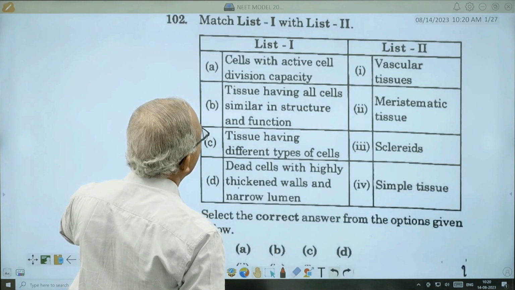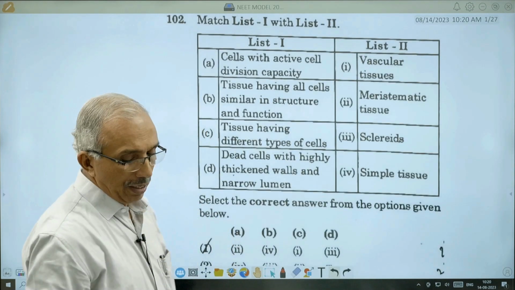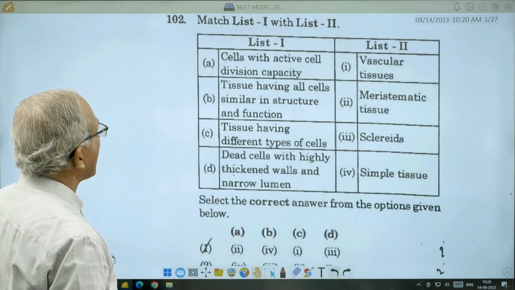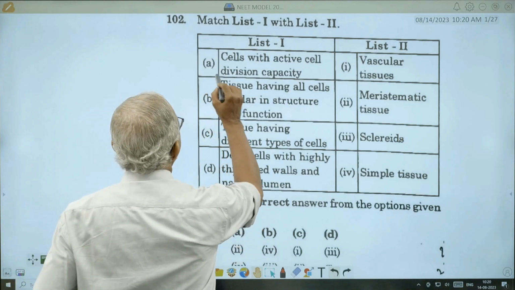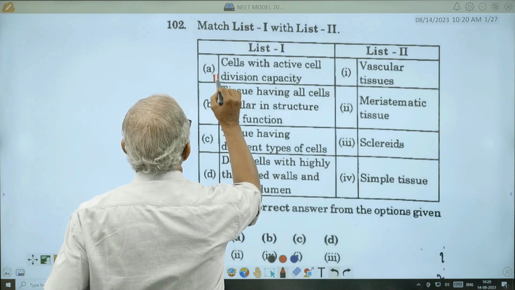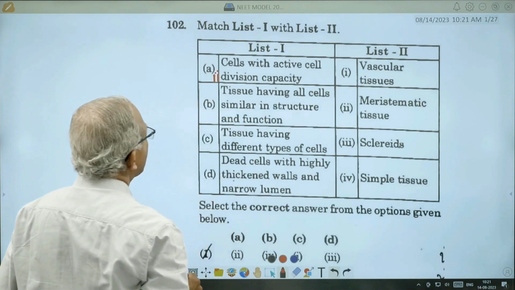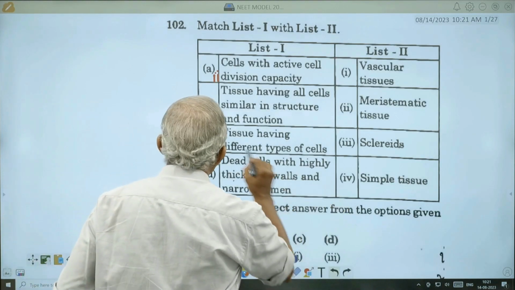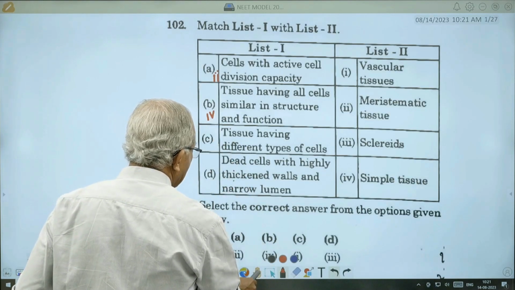Next, it is a match the following. Cells with active cell division capacity are meristematic tissues. Tissues having all cells similar in structure and function are simple tissues.